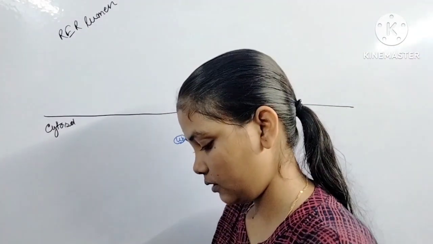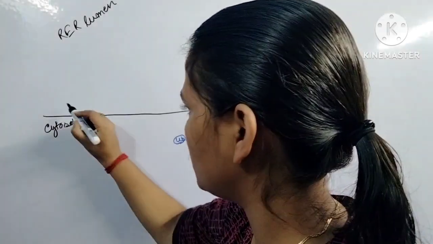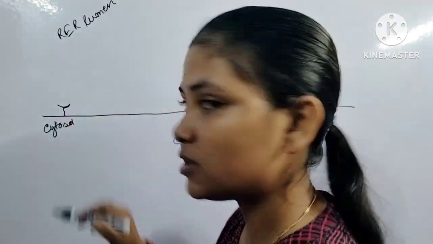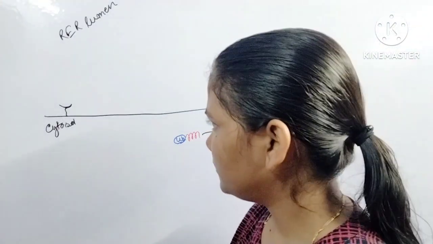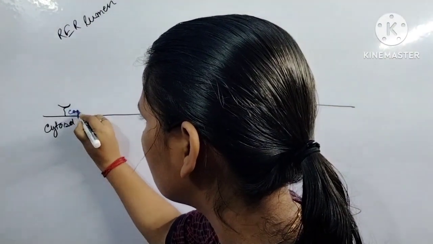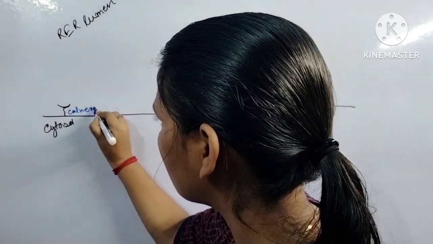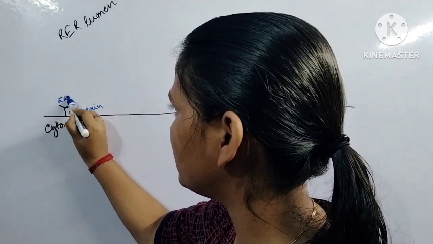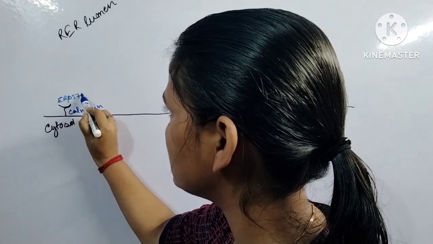So let me draw the MHC I alpha chain in black. This is your MHC I alpha chain and this is your calnexin. And this is your enzymatically active protein which is ERP57.